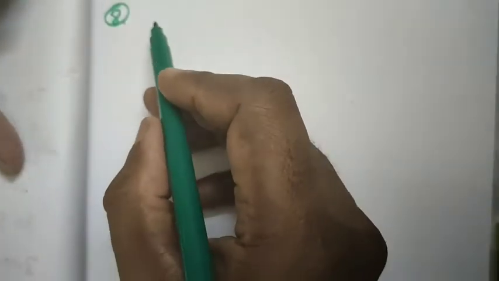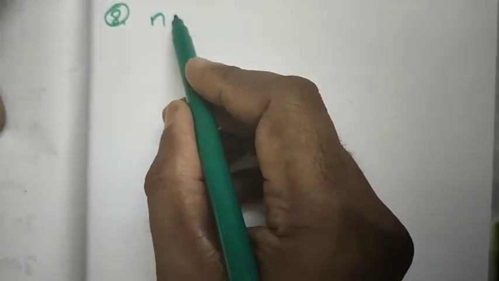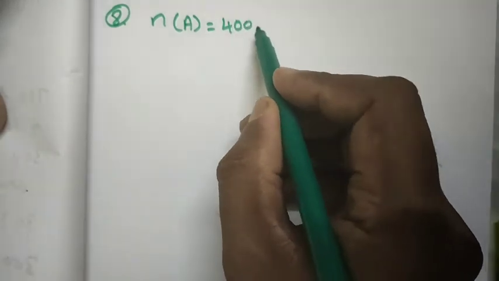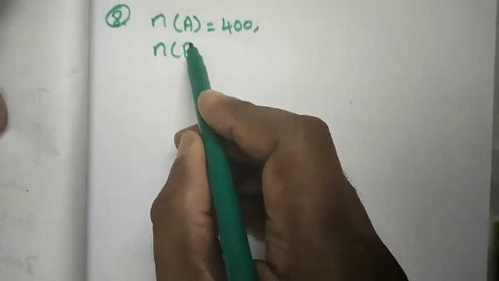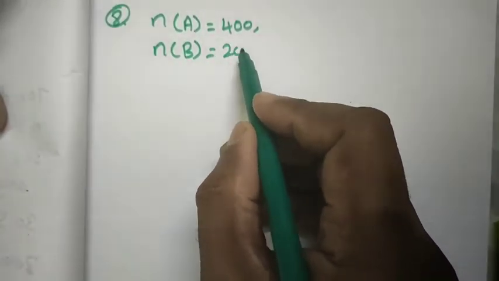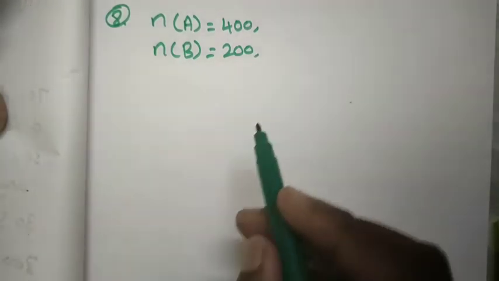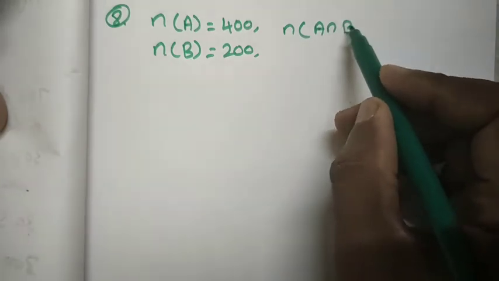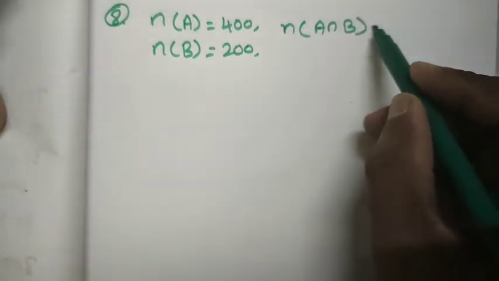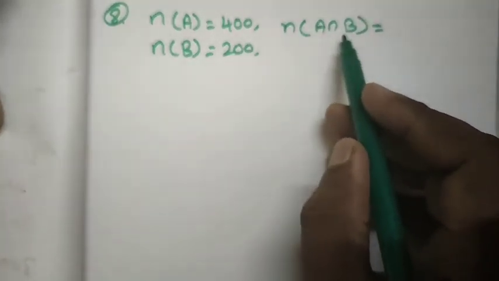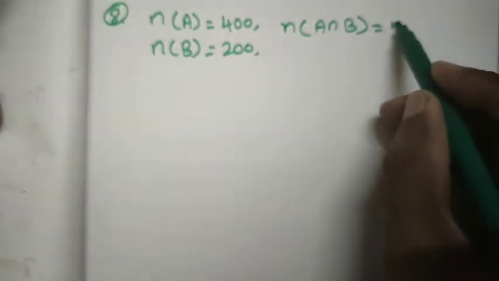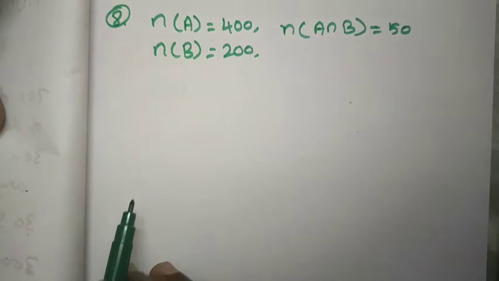So n of A is 400, n of B is 200, and n of A intersection B is 50, since both means intersection.